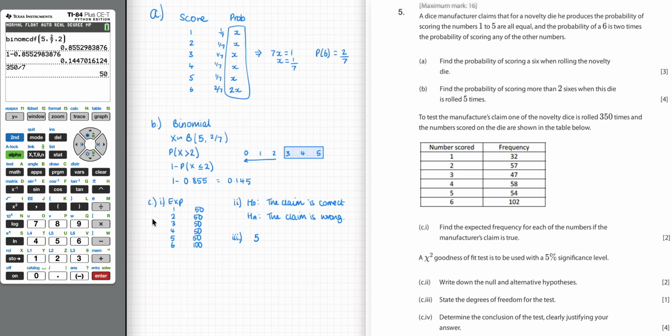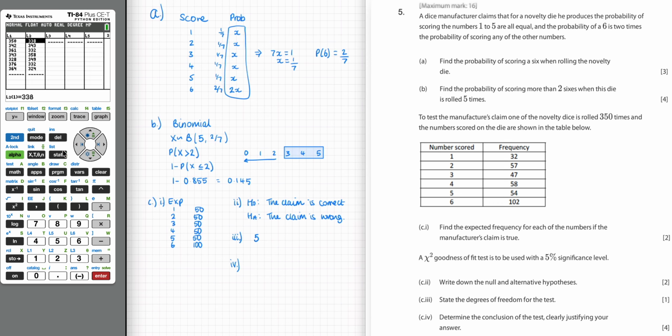And then for the last part, we want to complete the chi-squared goodness of fit test to find the p-value, and then we can determine what the outcome of the test is. So we're going to go across to the data. We need to type in the expected and the observed data. So the observed data is 32, 57, 47, 58, 54, and 102.